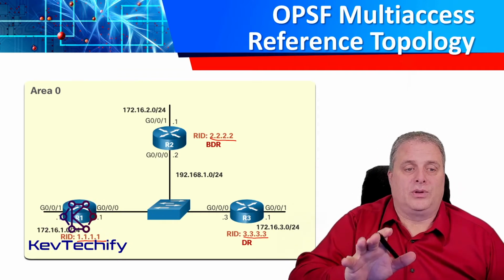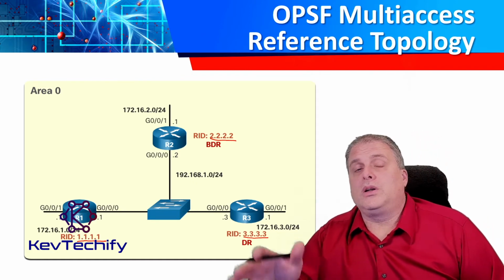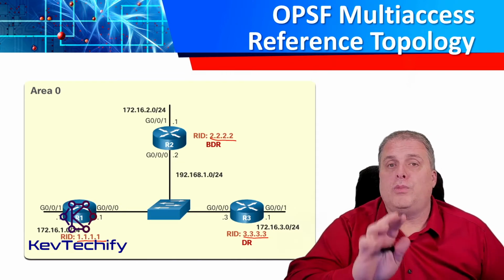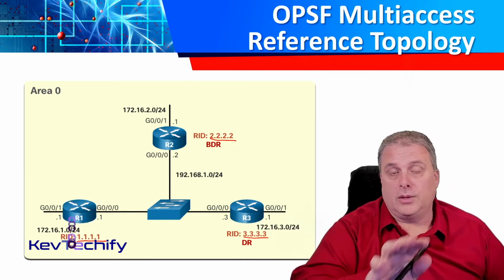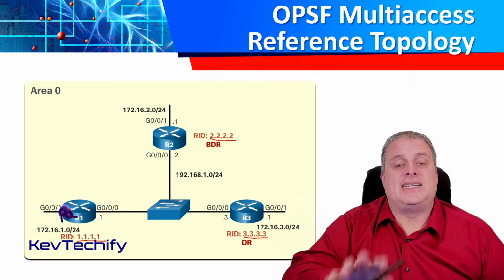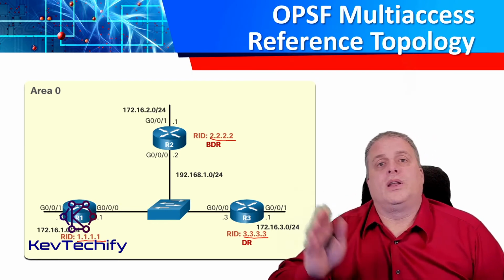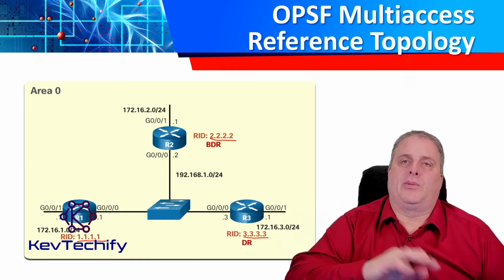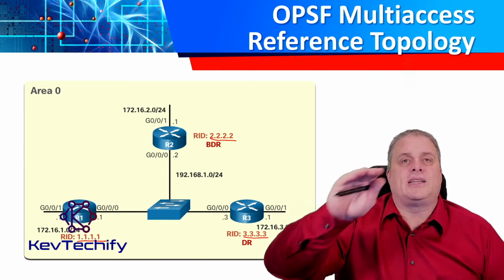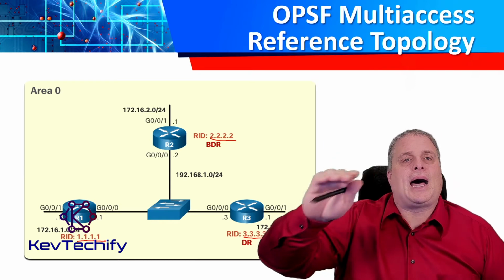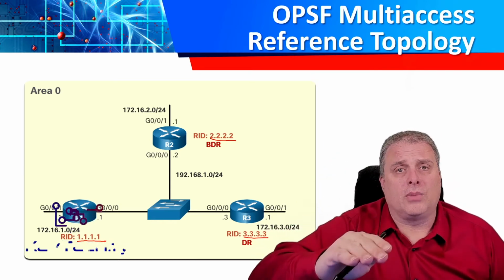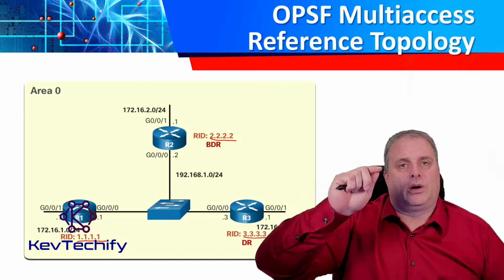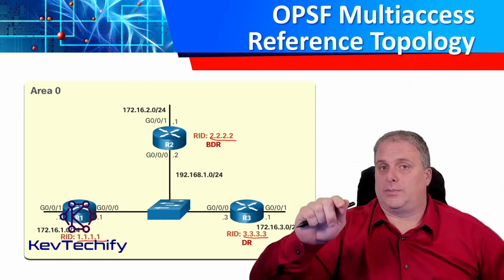In this example, router 1 has 1.1.1.1, so we can easily identify what's happening. In your production environment, you may do it a little bit differently, but a lot of times I still see people use the 1.1.1.1, the 2.2.2.2, even though their devices probably aren't named R1 and R2, but that gives you a clear ID, clear number on which one is going to be elected as your designated router and backup designated router.